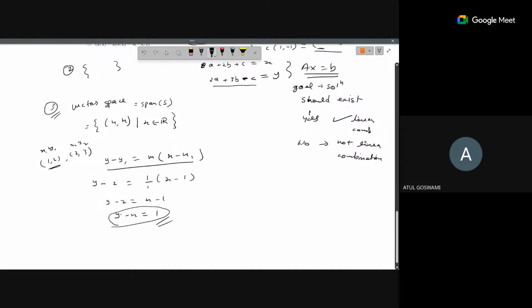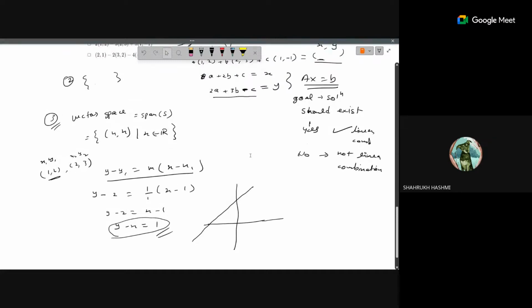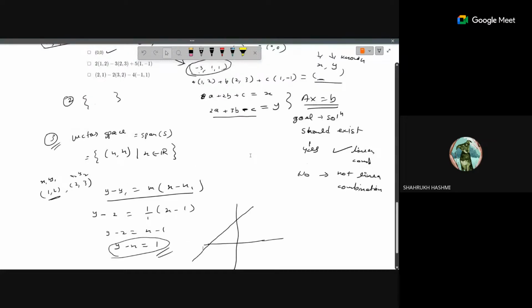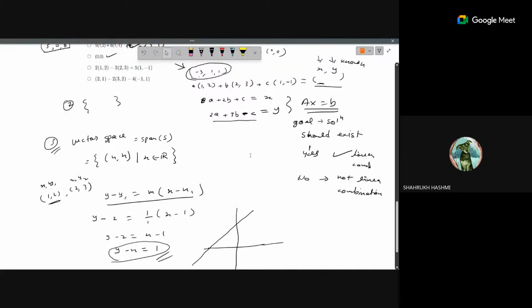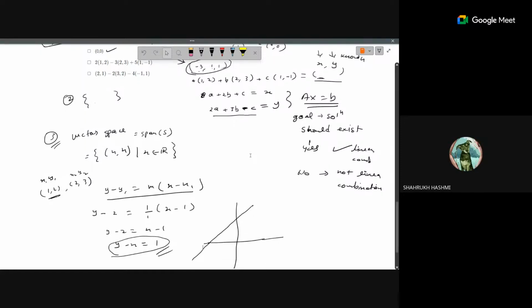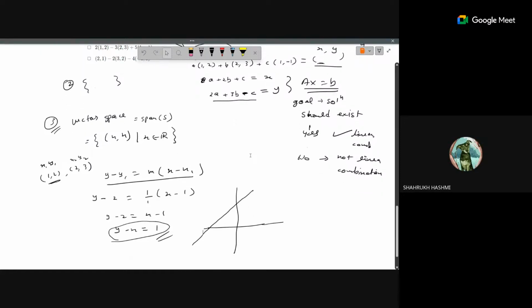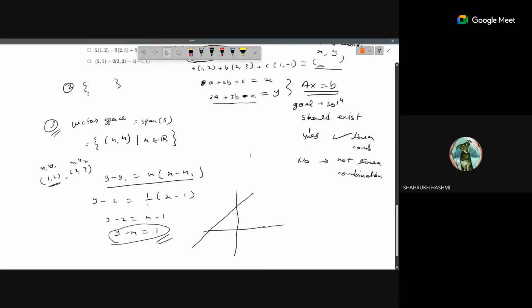So this line is fine, but we can say for a point also, if we generalize it to A, B or C terms only, for this particular question, if you do the same thing, like A into (1, 2) plus B into (2, 3) plus C into (1, -1), then we get something in X and Y. And for that particular x and y, we can directly say that a, b, c belongs to real numbers, so it is in R2.